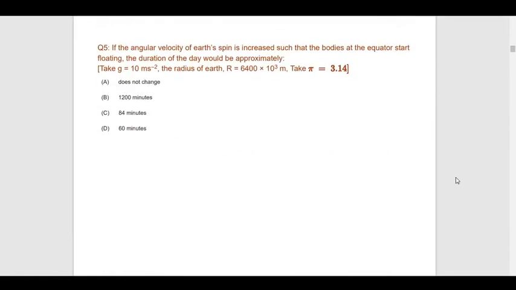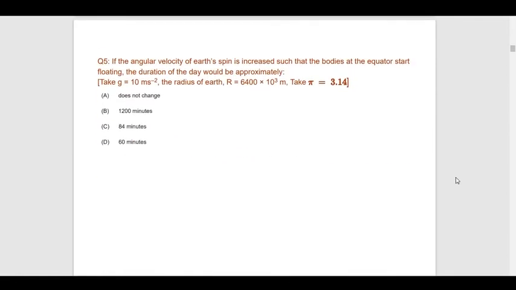Let us move on to the next question. It says that if the angular velocity of Earth's spin is increased such that bodies at the equator start floating, the duration of the day would approximately be. In this question, observe that if the bodies have to start floating in the upward direction, the centripetal force becomes equal to mg. So m omega square r should be equal to mg.